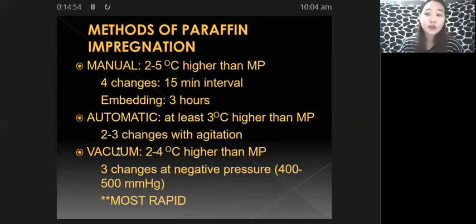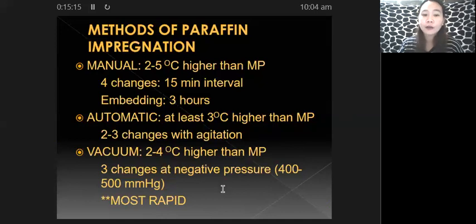So negative pressure, in layman's terms, is actually referred to as your vacuum. The negative pressure that is required to be present inside your vacuum machine, or your vacuum processor, is 400 to 500 millimeter mercury.